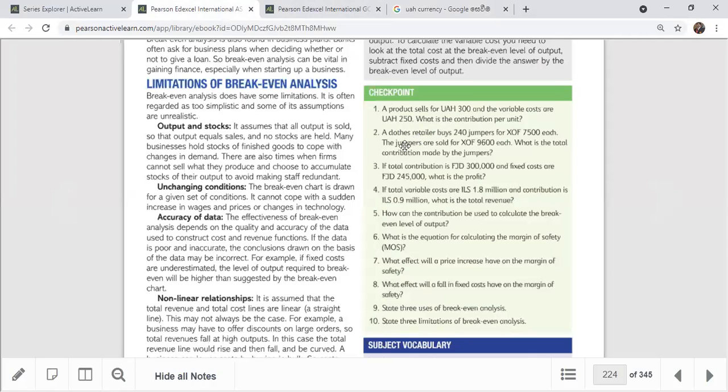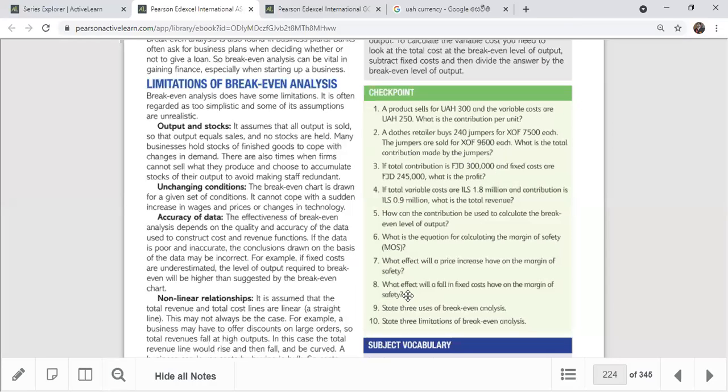That's the answer. The second question: a clothes retailer buys 240 jumpers for XOF 7,500 each, and the jumpers are sold for XOF 9,600 each. What is the total contribution made by the jumpers? The selling price is 9,600, variable cost is 7,500.